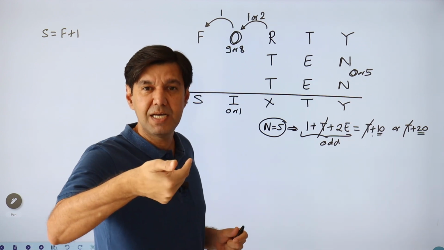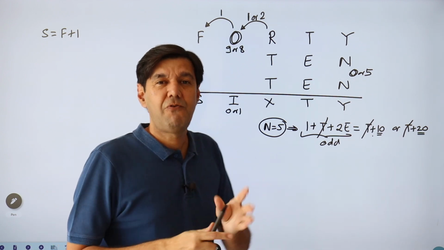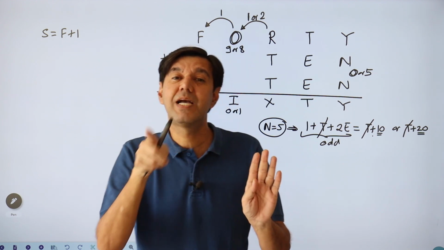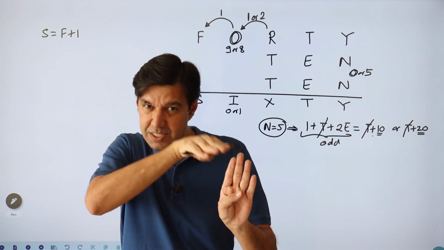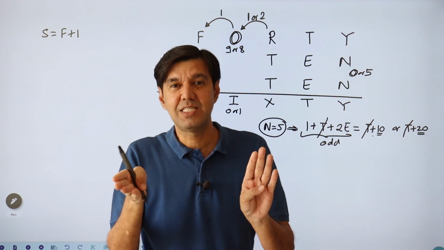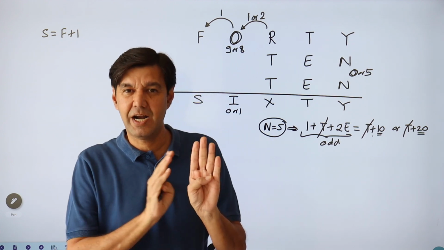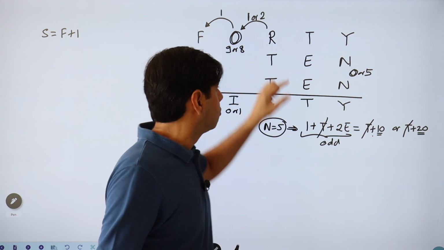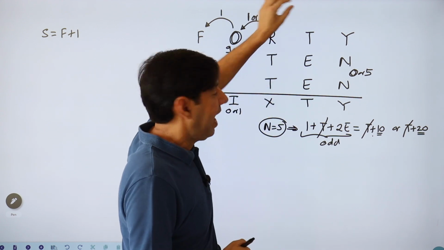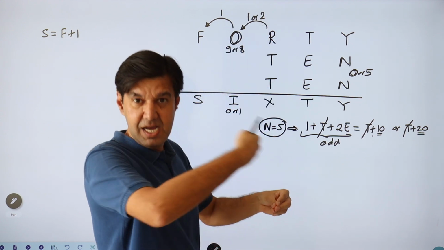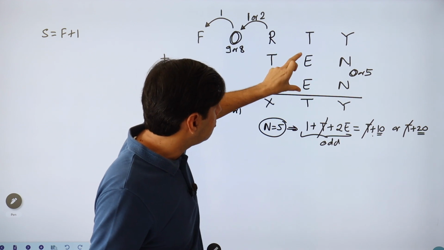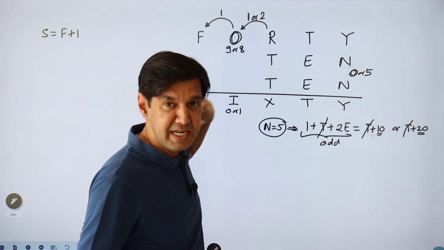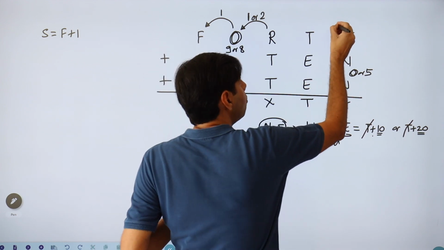When you add plus 9, say for example there's 5 and you add 9, it ends with a 4. It's 1 less. 5 and 1 less will become 4. 14, it's not actually 4, it's 14. Or you could add a 19. So if t plus 1 has to end up with a t, then this number should either be 9, but 2e cannot be 9, or 19. So there is no carry here.